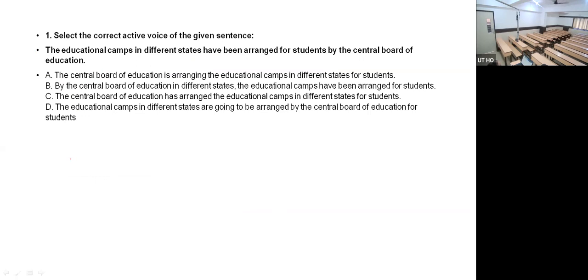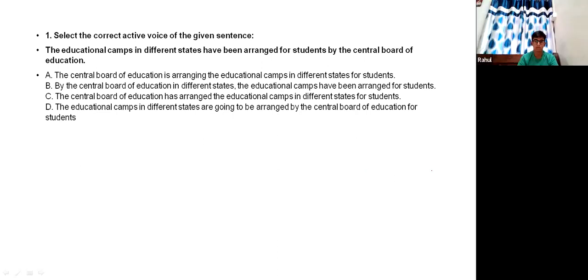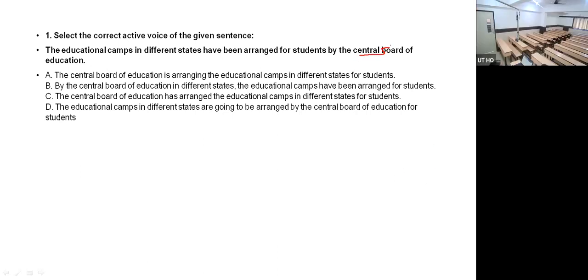Here we have: the education camps in different states have been arranged for students by the Central Board of Education. Now here, what is our subject? Who is doing the work? Yes, tell me, who is doing the work? Central Board of Education. So we have to change it into active voice.